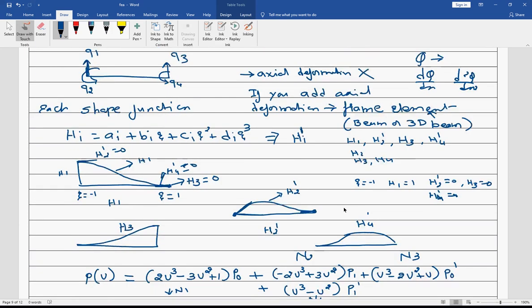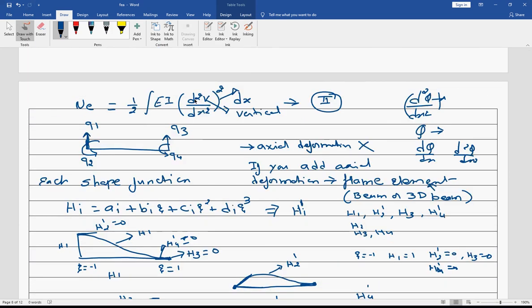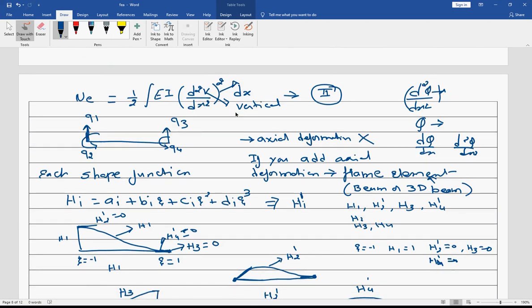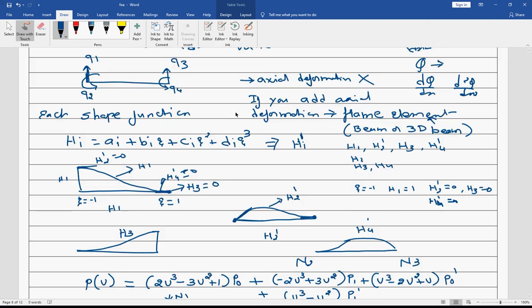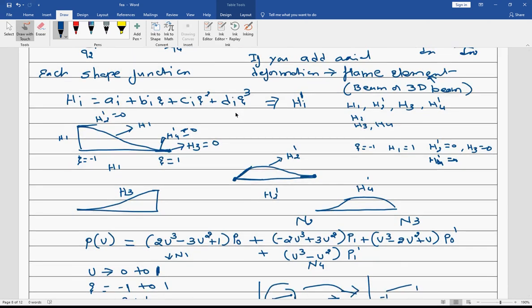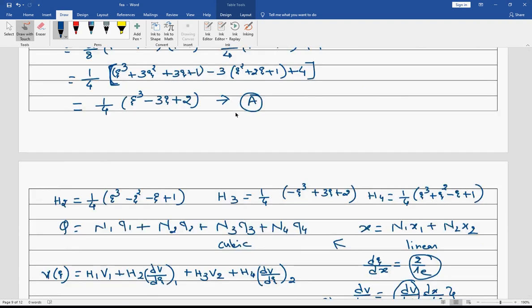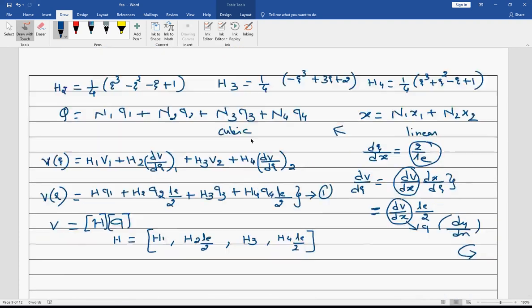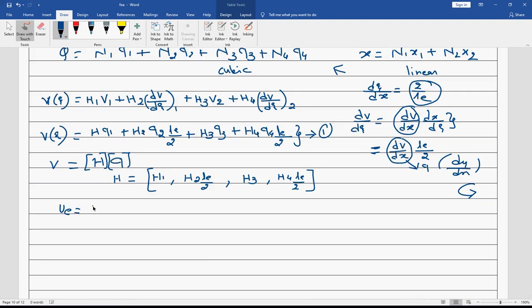So U equal to 1 by 2 EI, integration over the element, of d2v by dx square whole square dx. At that location I have to go back again, so I just write the same formula.